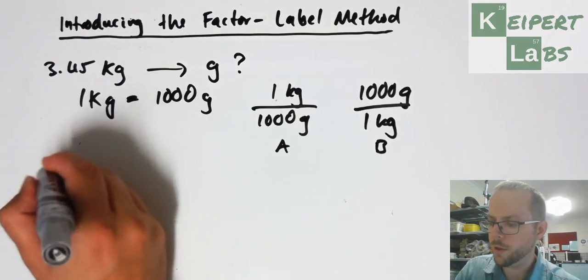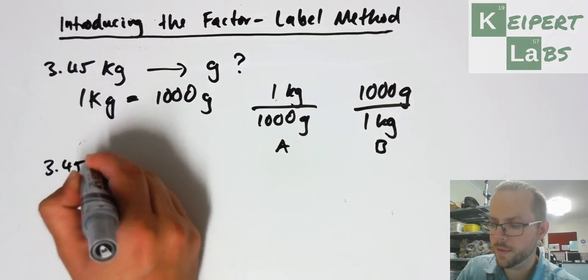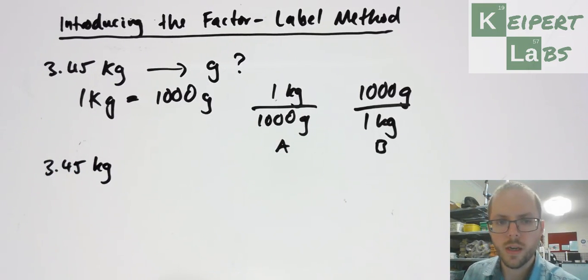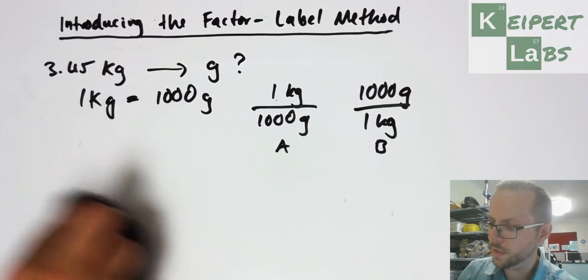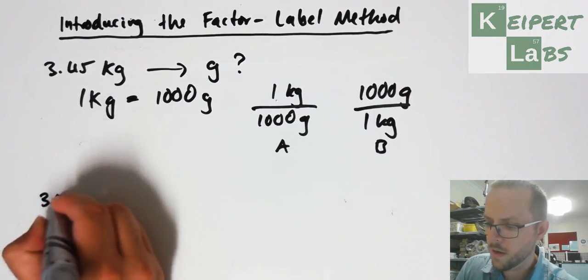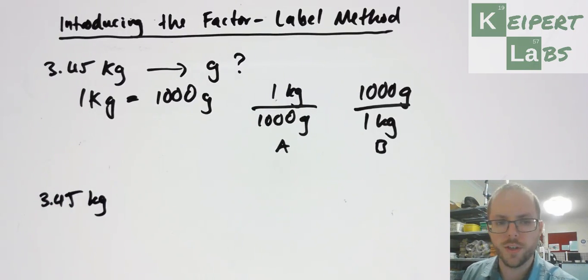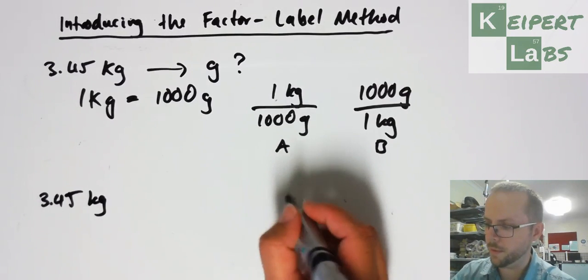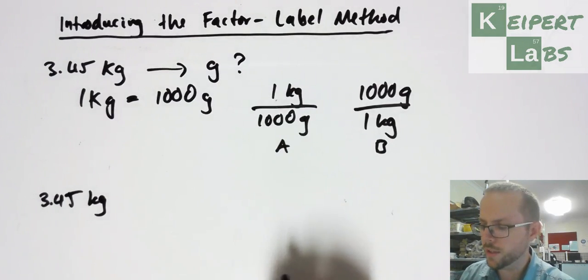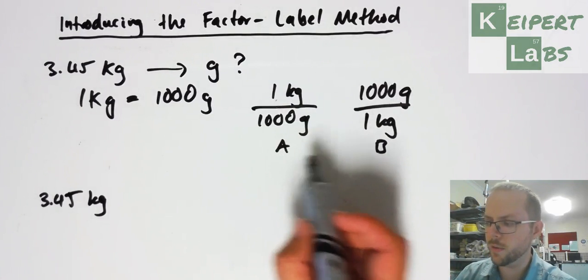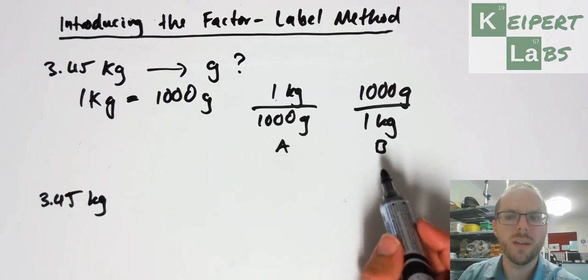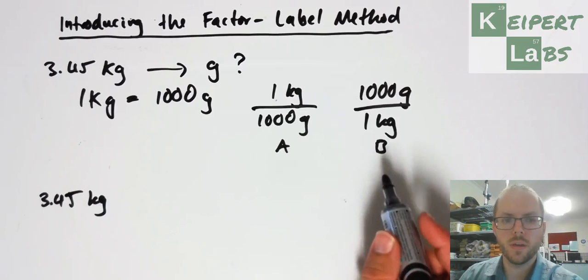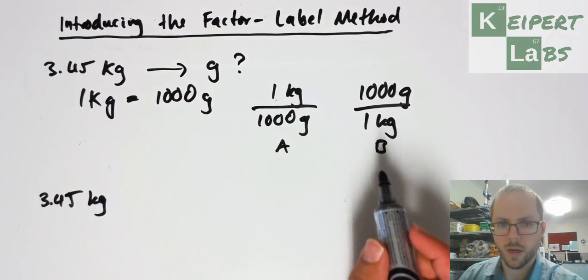Now I'm going to rewrite my number of kilograms here, actually I'll rewrite that just a little lower to give me a little bit more working space. Based on what I've got in the question, I recognize that I want units of grams at the other end. So I'm going to pick whichever version will give me units of grams on top at the end, and I'll show you why.